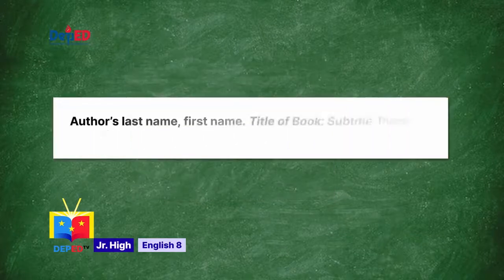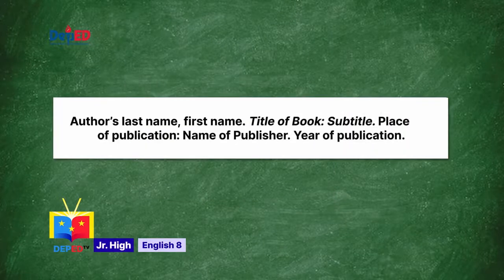Write the author's last name, comma, and then the first name, period, title of book, colon, subtitle, period, place of publication, colon, name of publisher, period, year of publication, period.